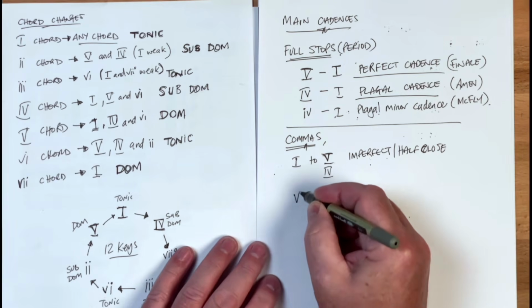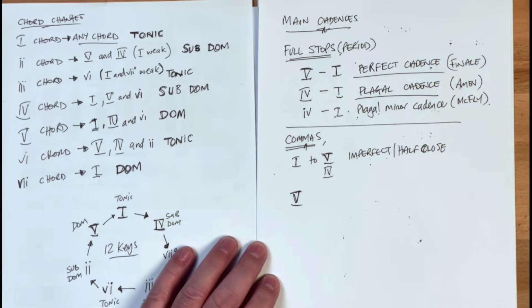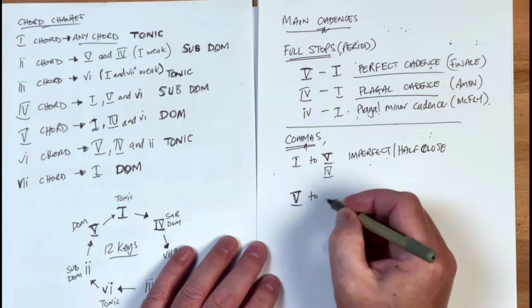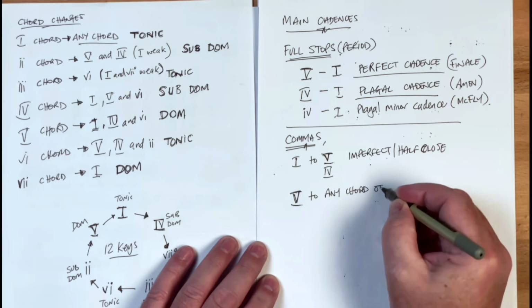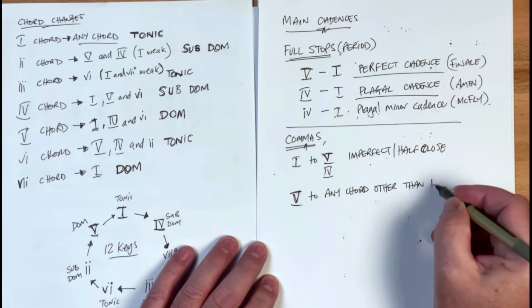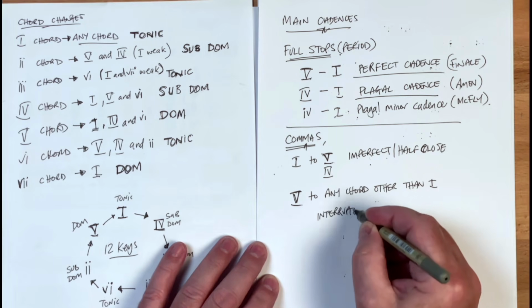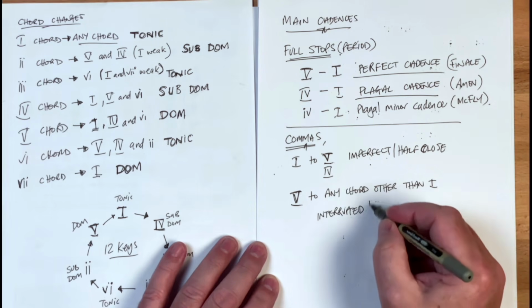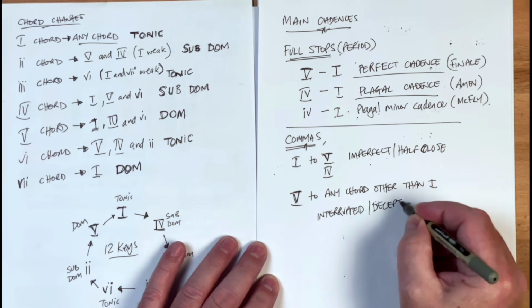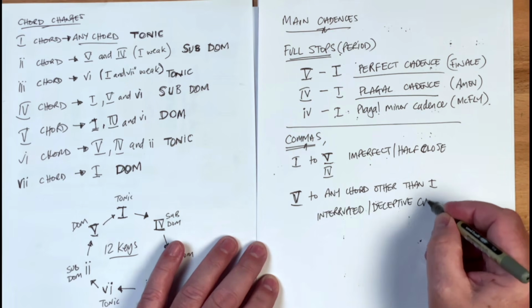Now, there's one more left really that we want to think about. And this is the interrupted, right? We're going from the 5 chord to any chord other than 1. The name of this is interrupted, but I think in the States, you guys call it deceptive. So this is a deceptive cadence.